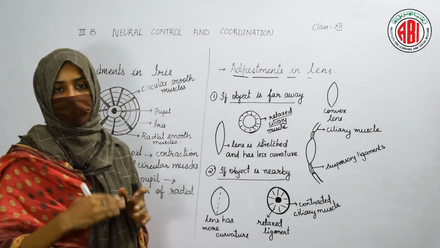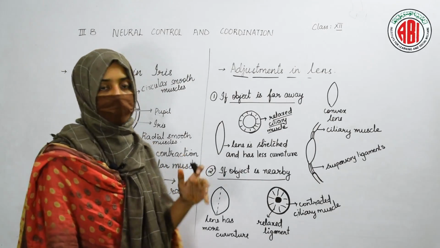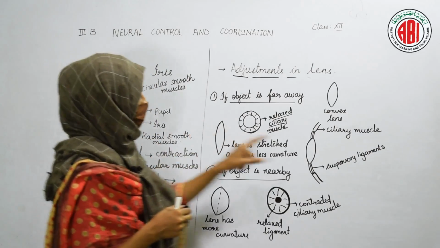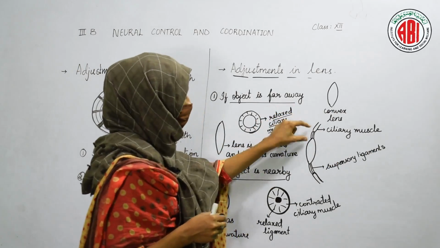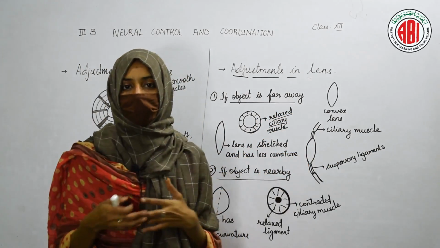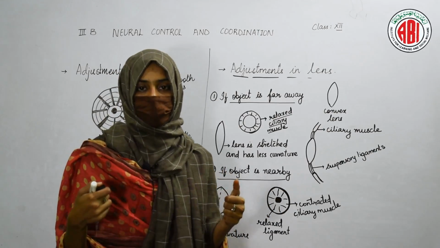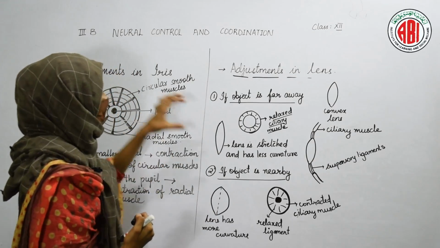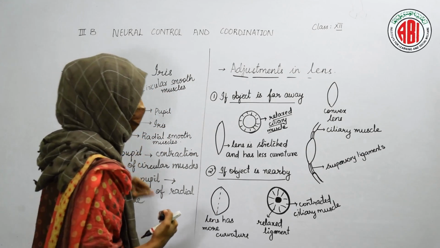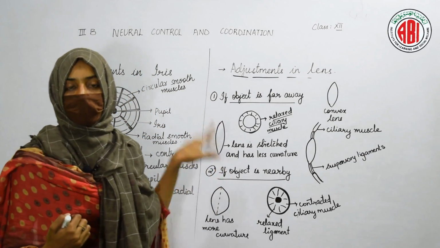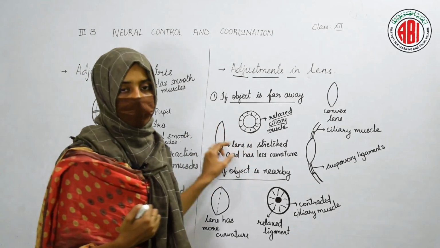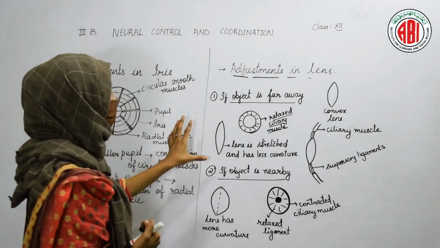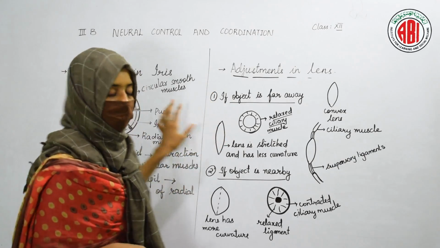Whenever any object is present far away from you, at that time the ciliary muscles get relaxed, and due to the relaxation of the ciliary muscles, the suspensory ligaments that are attached to it get stretched, and due to the stretching of the suspensory ligaments, the lens also gets stretched and the curvature of the lens becomes less. That means the lens has less curvature in the case when the object is far away from you.